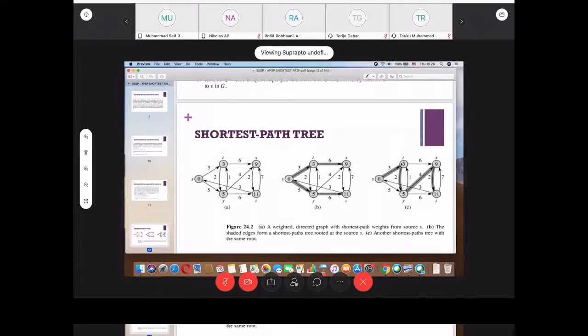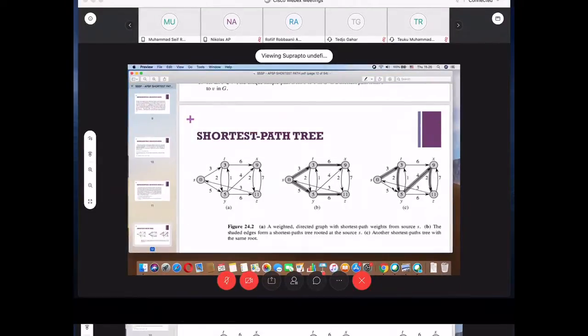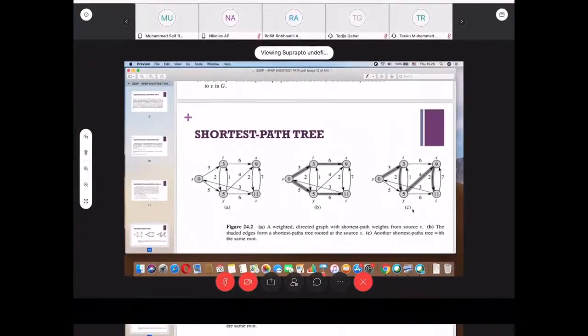The shortest path from S to T is 3 in the first solution, and in the second solution is also 3.